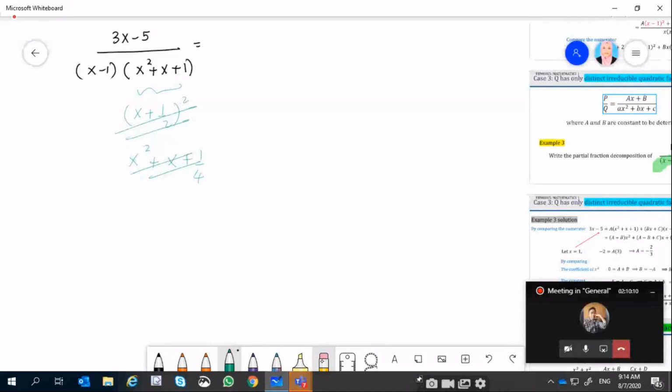You cannot reduce it. Half exists, but when you expand it, you will get s squared plus s plus 1 over 4, not plus 1.